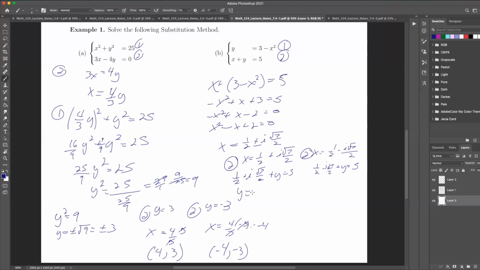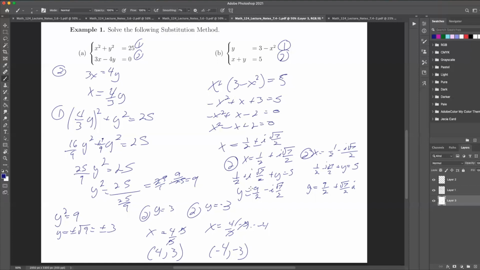And so here we'll get y is equal to 9/2, because a half minus 10/2 gives us 9/2, minus i square root 7 over 2. And then here y is equal to, once again, 9/2 plus square root 7 over 2. And so there's the answer.